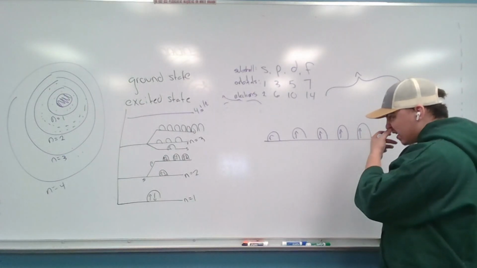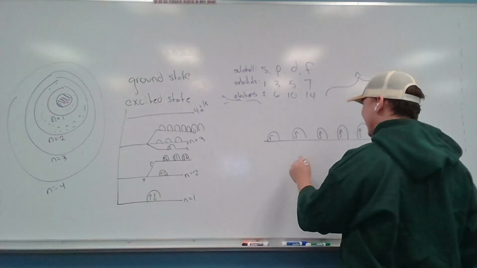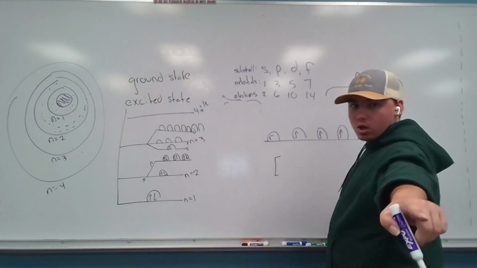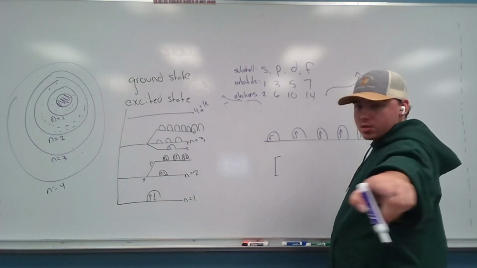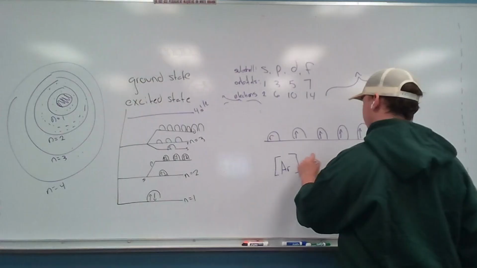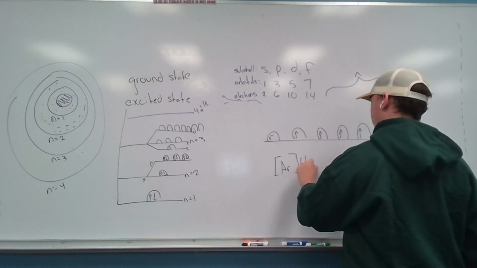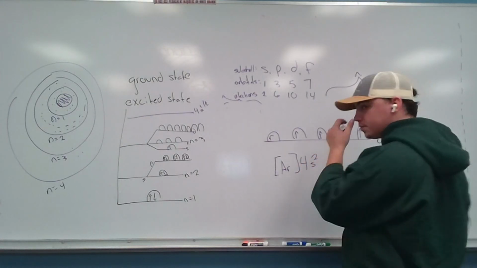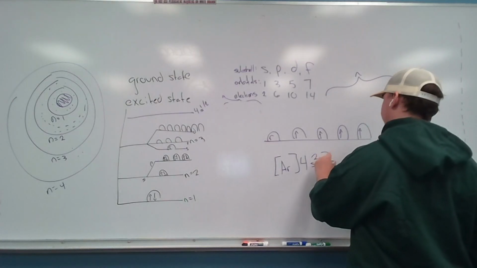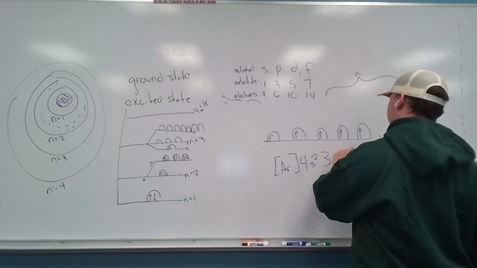What this looks like is the ideal configuration for chromium would be, using noble gas notation, argon 4s2, and then 3d4.